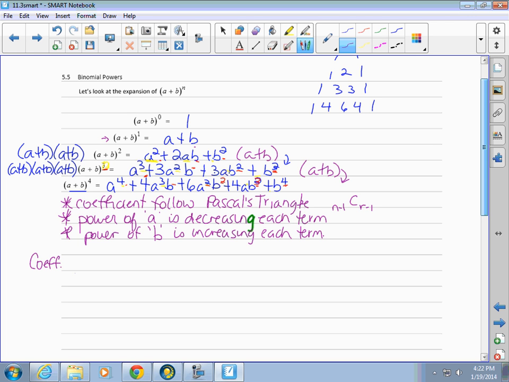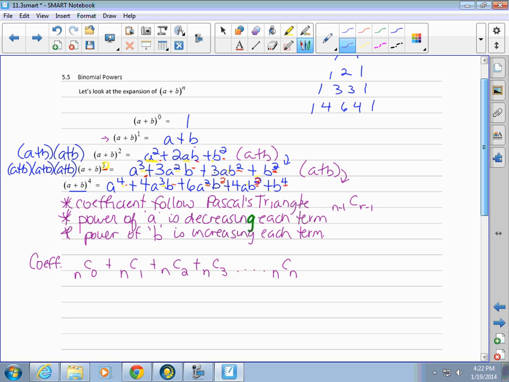It's going nC0, and then it's nC1, nC2, and then nC3, all the way down to nCn.